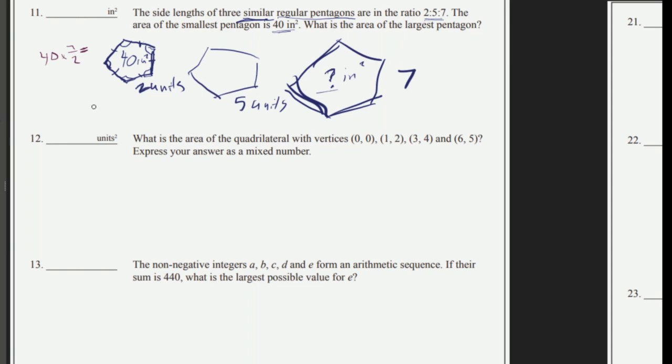Let's try this with squares. What if you had a square that was 2 units and it was 40 inches squared? Now I've got different units here, right? If it's 40 inches squared, what? I don't know. What are those units even? Yeah, these units are not very good. I don't like them.